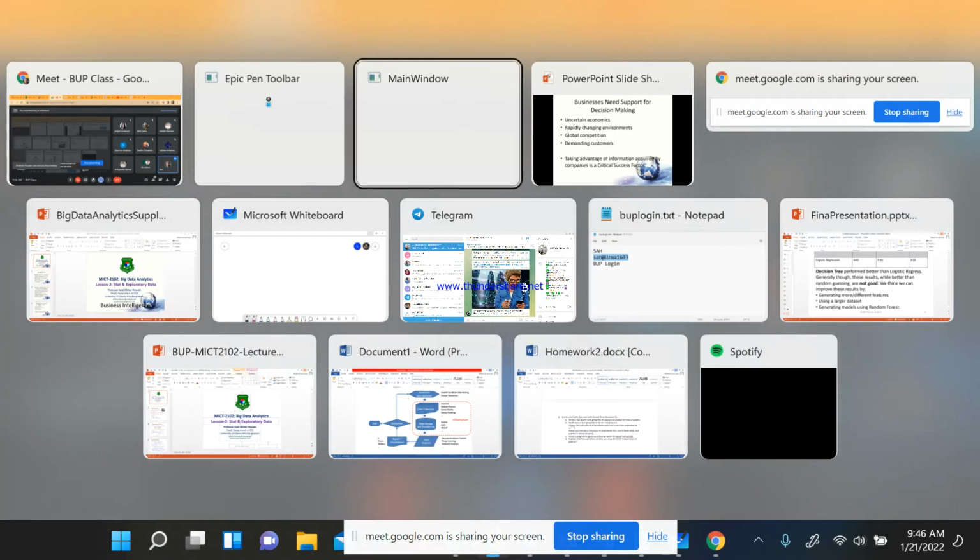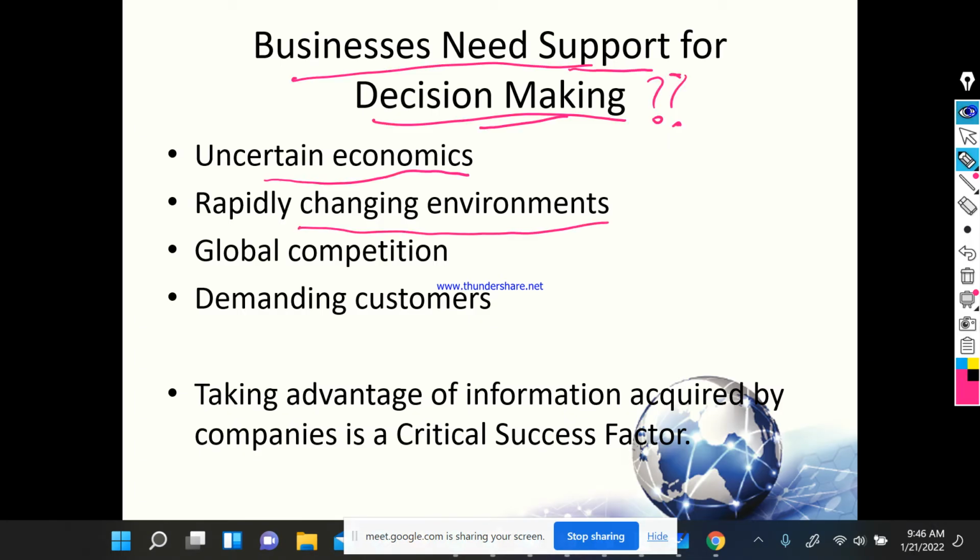Global competition is another reason, and demanding customers, because you want the business to grow as fast as possible. Taking advantage of information acquired by companies is a critical success factor. So it is very usual that we want a decision-making process in the business.